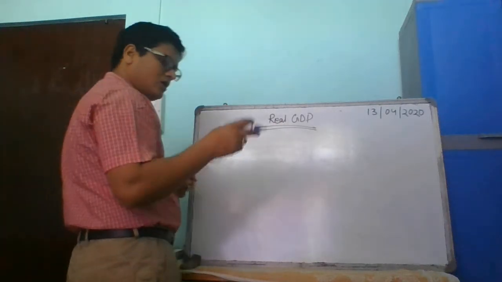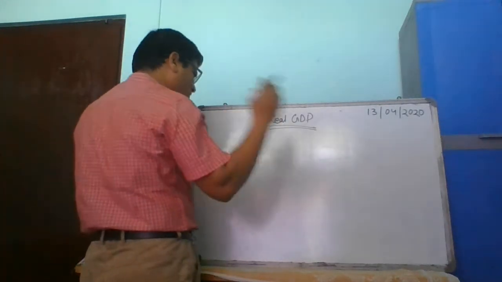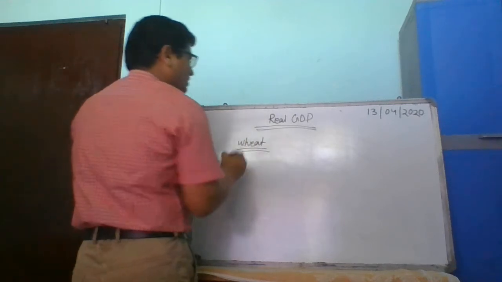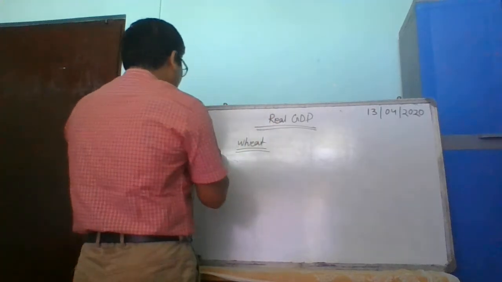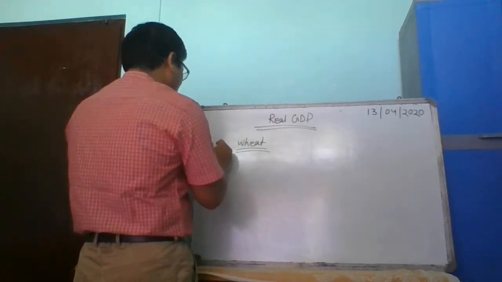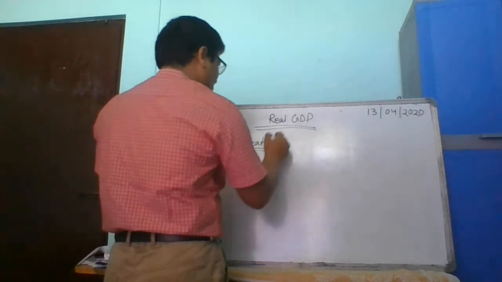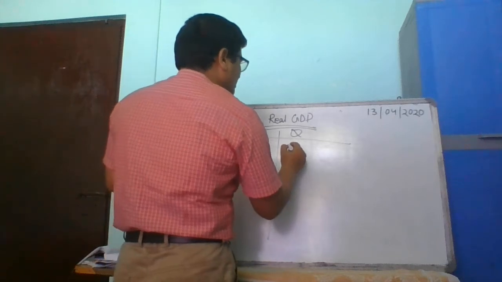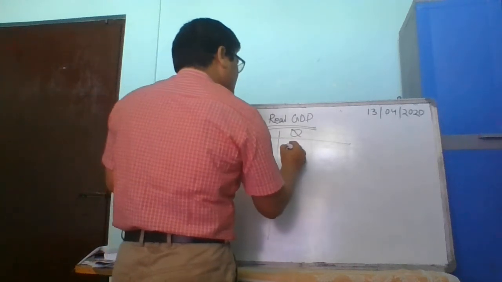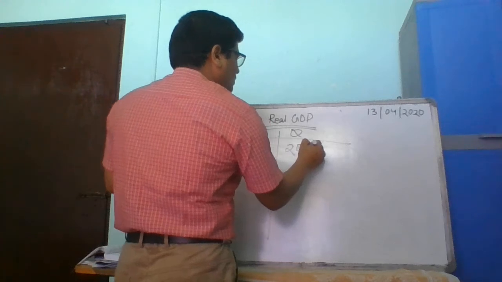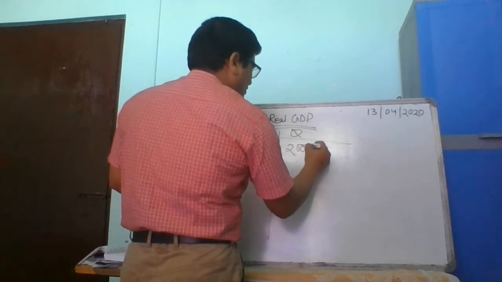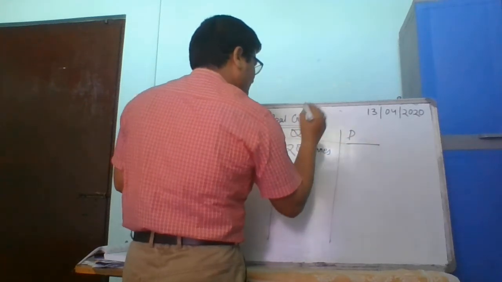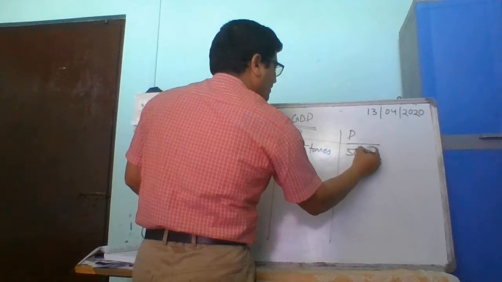Suppose we assume that in the whole economy, one commodity is produced, that is wheat, and in 2011-12, total quantity produced is 200 tons, and price at that time is 500 rupees per ton.